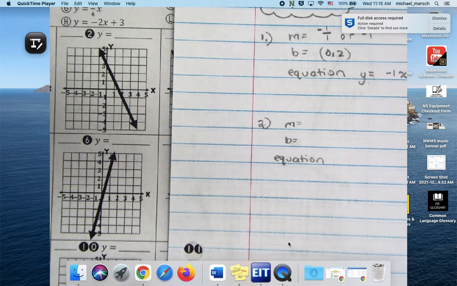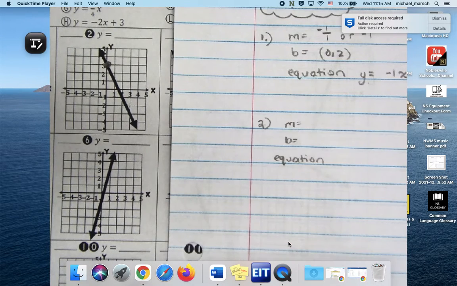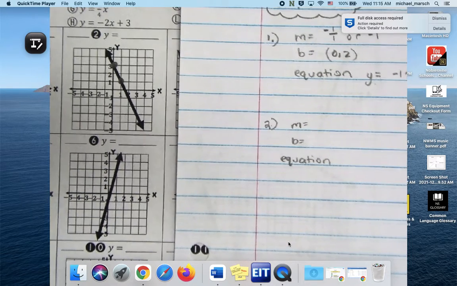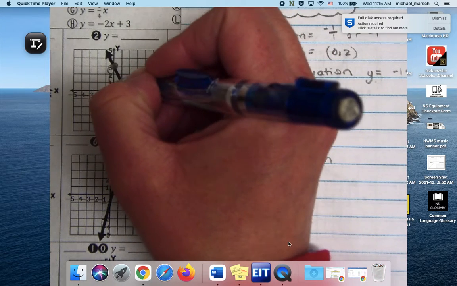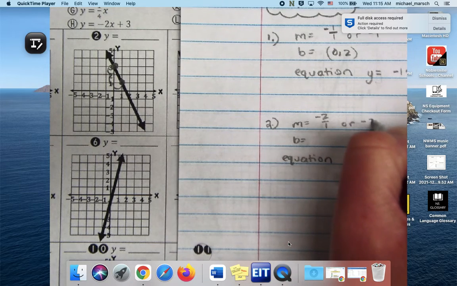Well, I need 2 perfect intersection points. So I'm going to use this one, which happens to be the y-intercept. And then where's another perfect intersection? 1, 1. Good. So then I'm going to find my slope. I fall 2, run 1, so it's negative 2 over 1, or just negative 2.